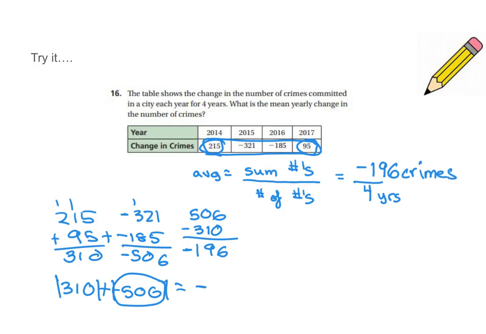So we want to find out how many crimes decrease on average per year. We know that a negative divided by a positive is a negative. And then we just have to finish this up by doing 196 divided by 4. 4 goes into 19 4 times. 4 times 4 is 16.